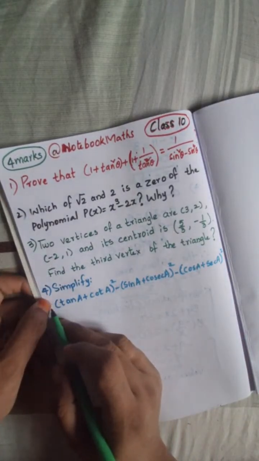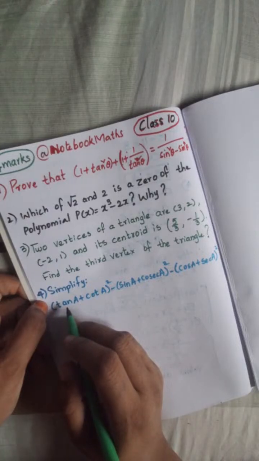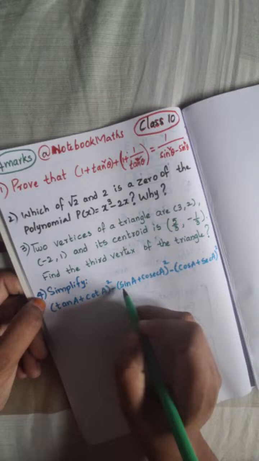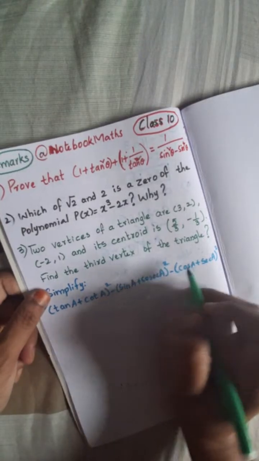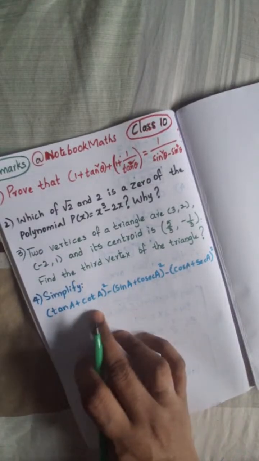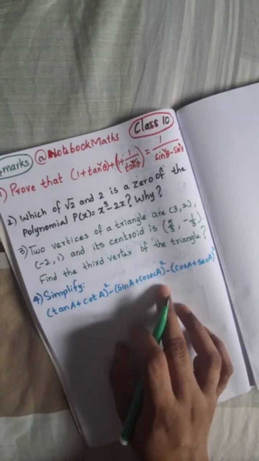Now the fourth question, from the trigonometry chapter, very important: (tan a plus cot a) whole square minus (sin a plus cosec a) whole square minus (cos a plus sec a) whole square. We have to simplify this given expression.